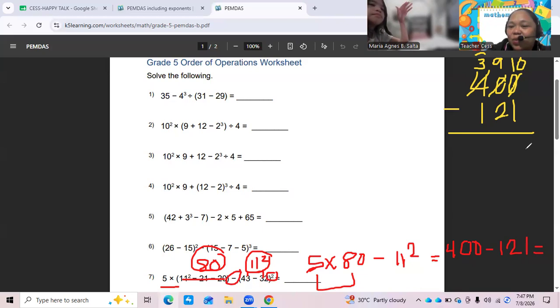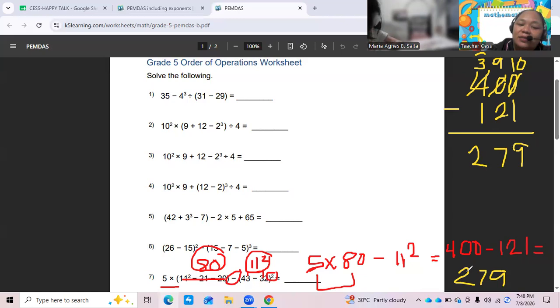So 10 minus 1 is 9. 9 minus 2 is 7. And 3 minus 1 is 2. So meaning the answer is 279. That is the answer for number 7. You get it?